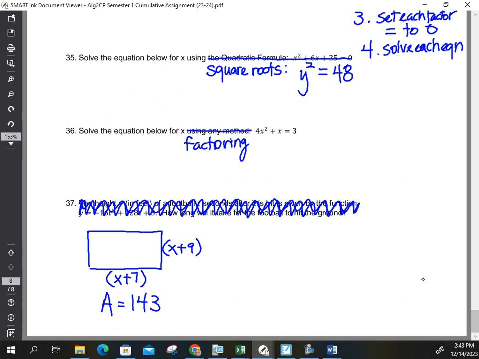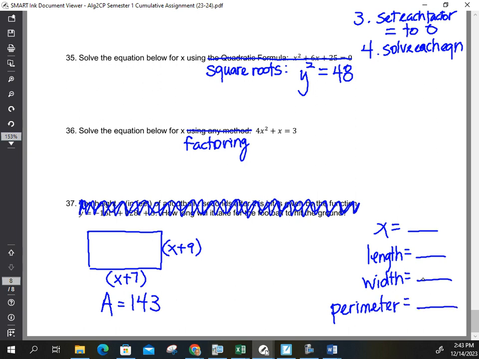Find the x value. Find the length. Find the width. And find the perimeter. There's your new problem 37.